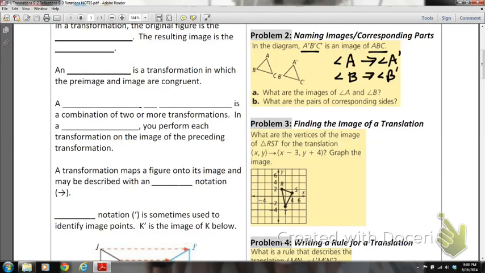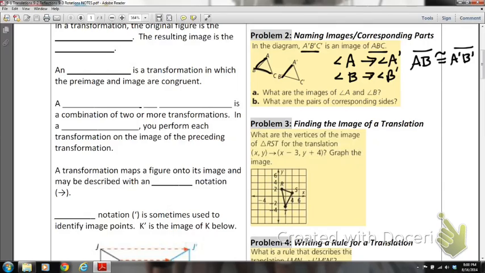In the second question, it says, what are the pairs of corresponding sides? So let's look at the corresponding sides. Side AB is going to correspond to side A prime, B prime. So if they correspond, they're going to be congruent. So let's label that as segment AB is congruent to segment A prime, B prime.